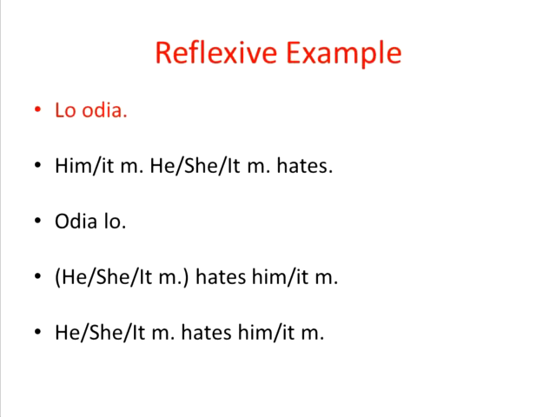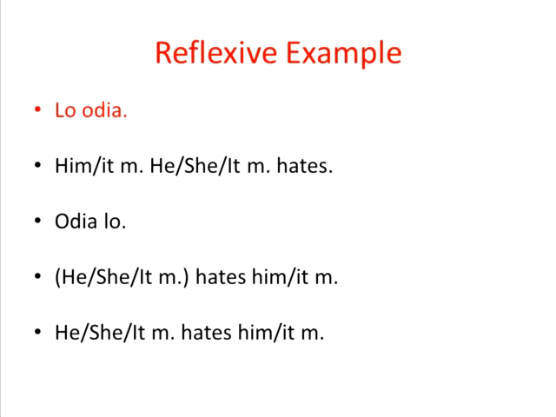Lo odia can mean she hates him. Lo odia can mean it hates him. Or lo odia can be it hates him, or it hates itself. And those are all the things that lo odia can mean.